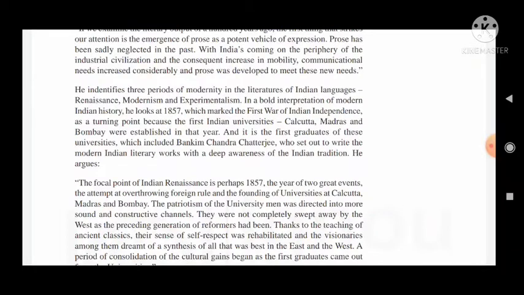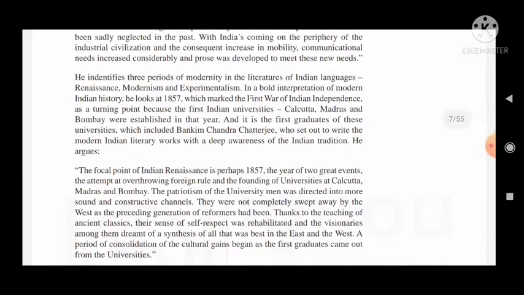Communicational needs increased considerably and prose was developed to meet these new needs.